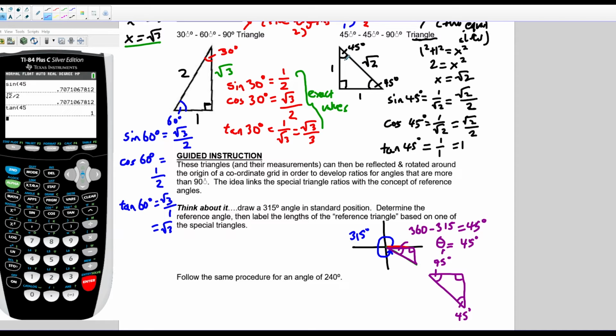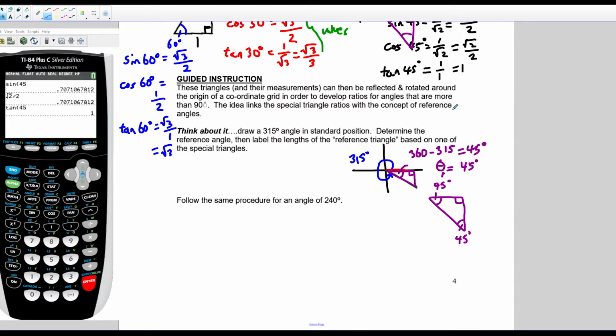If I were to flip this over onto this side, we're essentially doing something like this. We're reflecting it one time so that the 90 degree angle is here. And then we're reflecting it one more time so that the 90 degree angle is in the top right hand corner. And we have our 45 and 45 here. We can see that our side lengths of 1 and 1 will be right here. So we have 1 and we have 1. And that means that our hypotenuse here would have a length of square root 2.